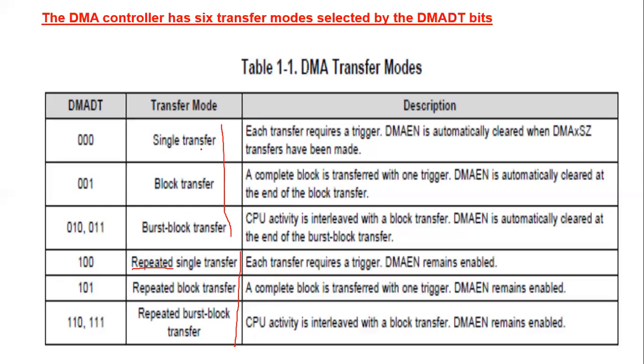First you have to learn them one by one. How are these selected? They are selected using DMA DT, which means data transferring modes. 3 bits are used, as already discussed in the architecture. 000 is single transfer, 001 block transfer, 010 or 011 burst block transfer, 100 repeated single transfer, 101 repeated block transfer, and 110 or 111 repeated burst block transfer.